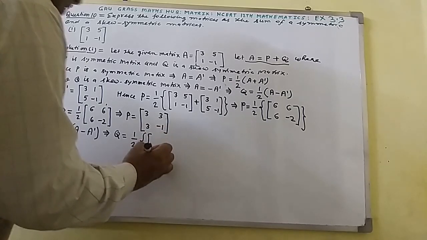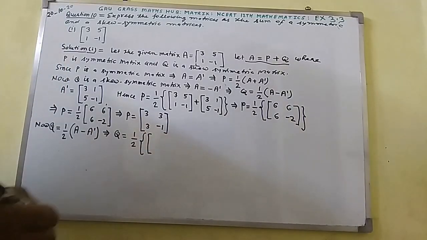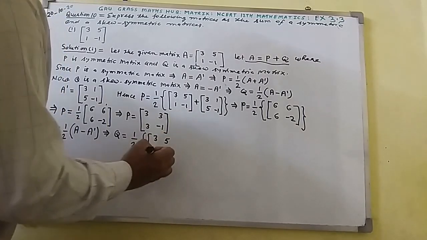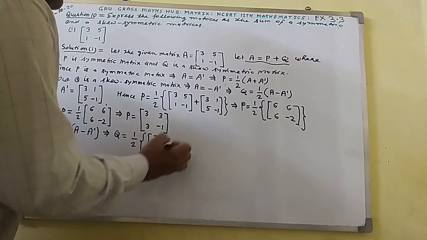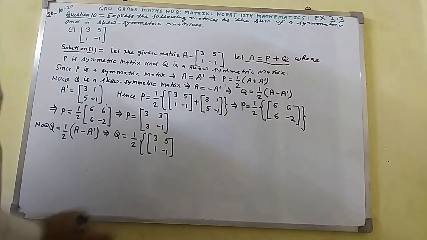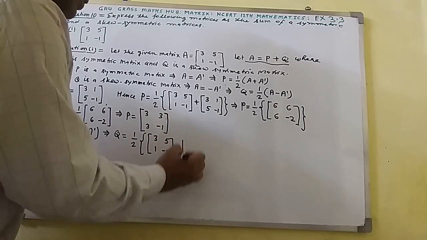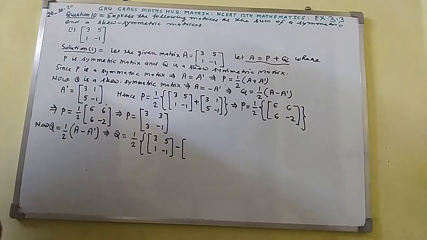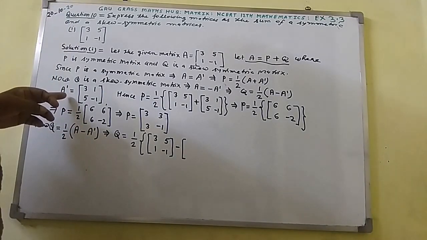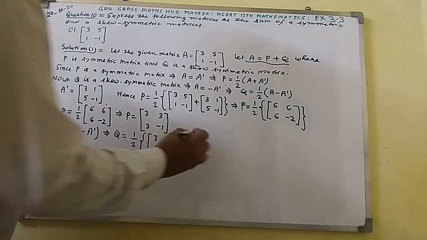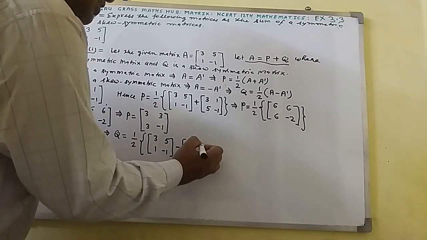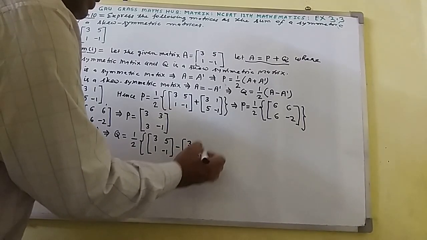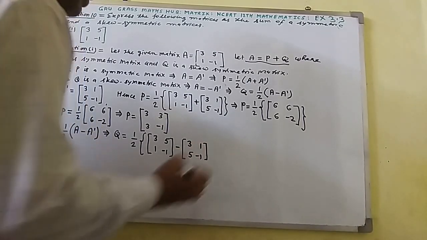The given matrix A, first row 3 and 5, second row 1, -1, closing of the square bracket, minus, opening of the square bracket, the transpose of A. The transpose of A you have got here. So I shall write the elements of the first row 3, 1 and the elements of the second row 5, -1, closing of the square bracket will be done.